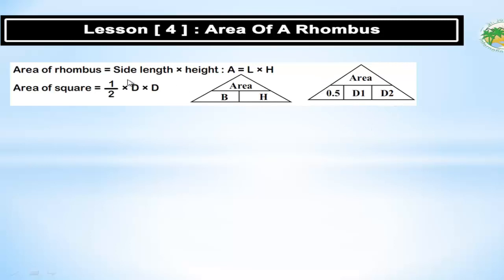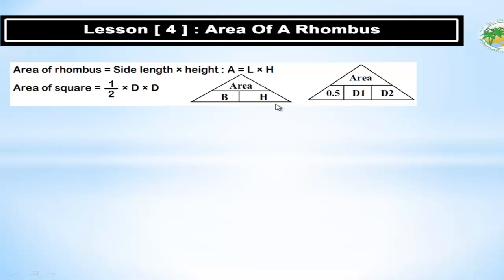If we have a rhombus with known dimensions, side and height, then we can find the area with this rule: side length times height, L times H. If we have a rhombus with two known diagonals, we can use this rule: half times D1 times D2. So these are the two rules to find the area of a rhombus.